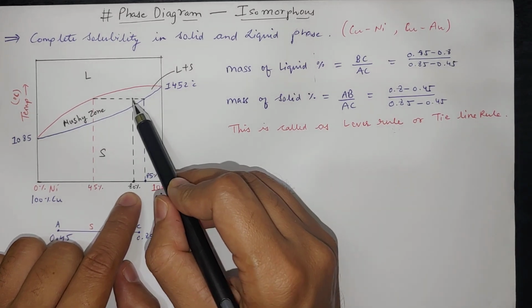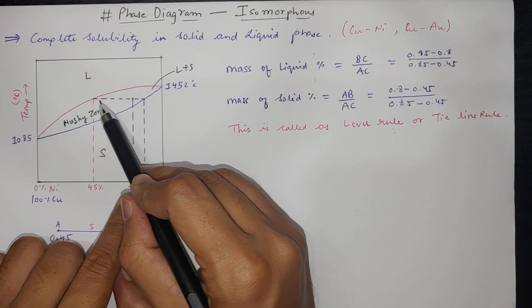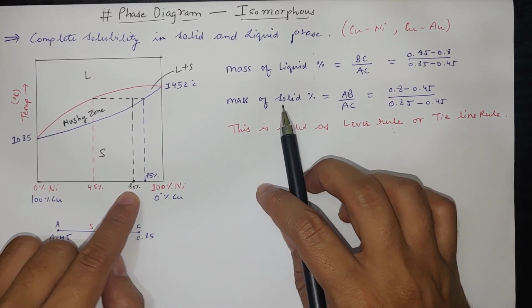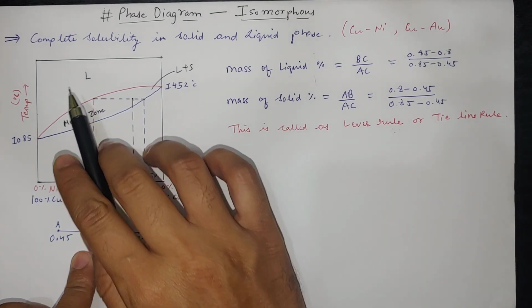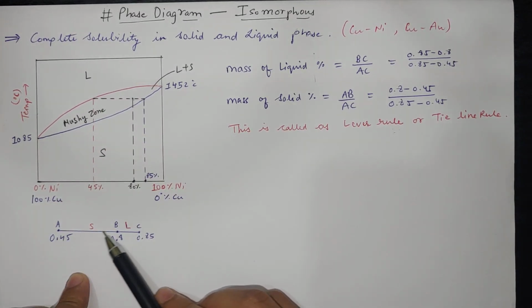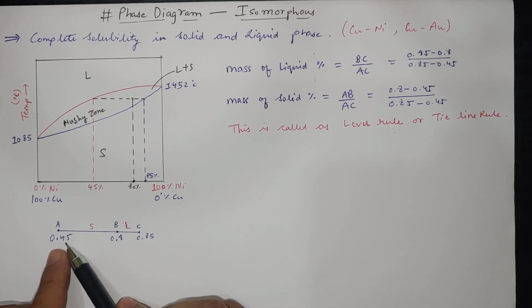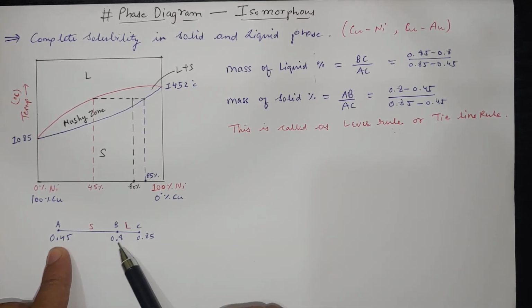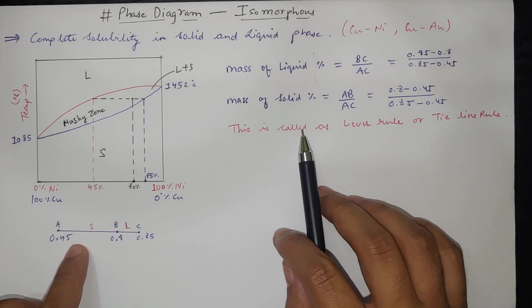Now it is at a particular temperature. To calculate the liquid, we take this line and measure the percentage composition where it intersects the liquid and solid lines. So I have drawn this line here. A, B, C points are 0.45, 0.8 and 0.85 fraction of nickel.